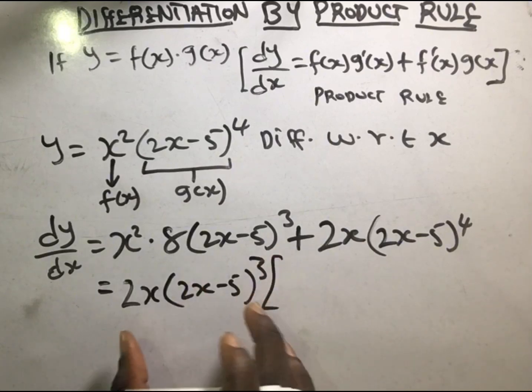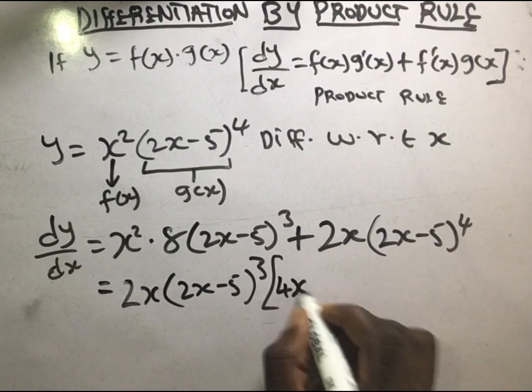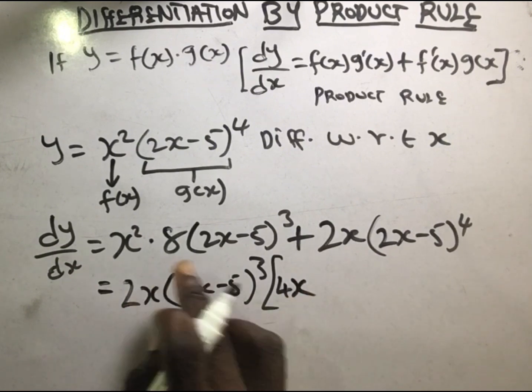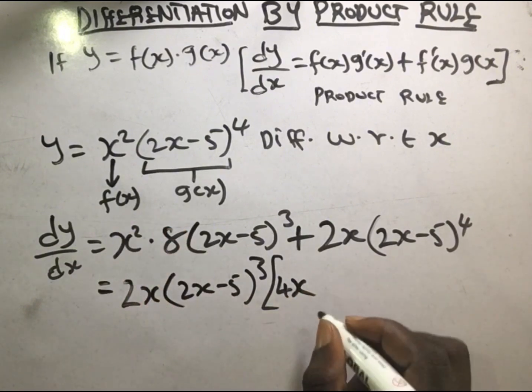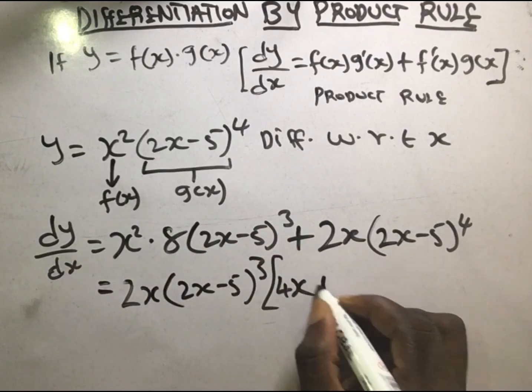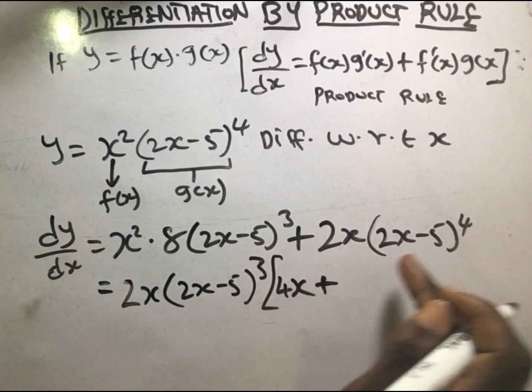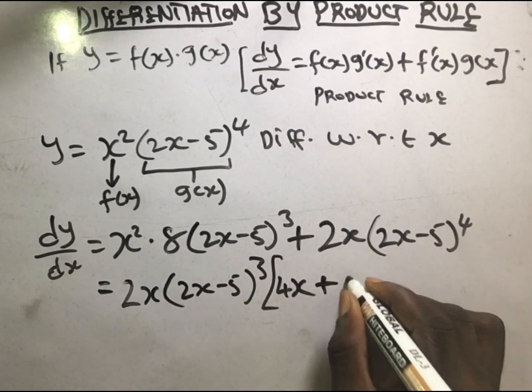Now, if we pull out this from this, we get 4x. 4x times 2x will give you 8x squared, right? And what is left here is gone. Plus, if you pull out this from here, 2x minus 5 will be left.